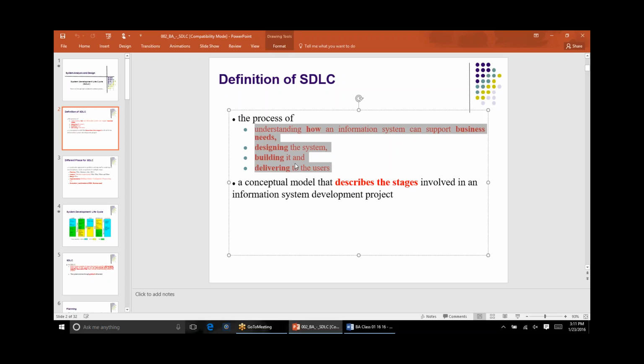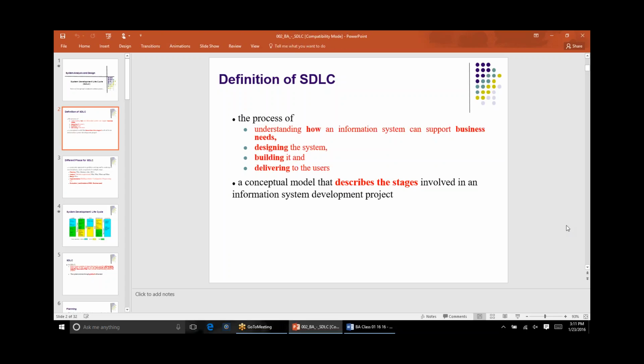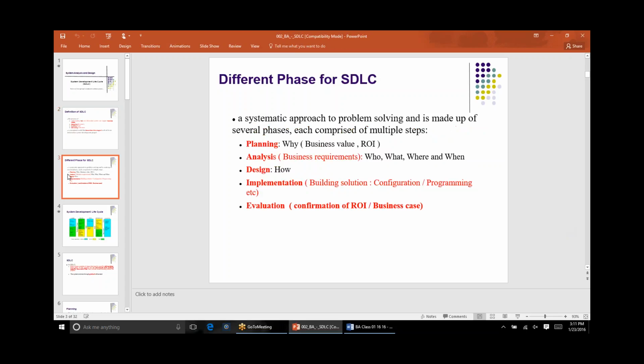Ultimately, all business cycles consist of these four phases. Let us talk about it in more detail: the different phases of the software development life cycle.